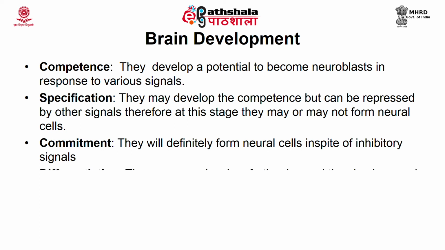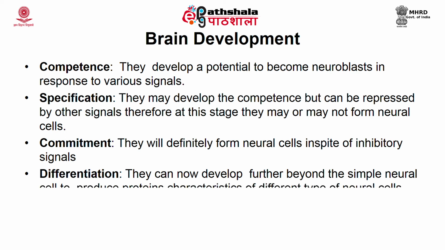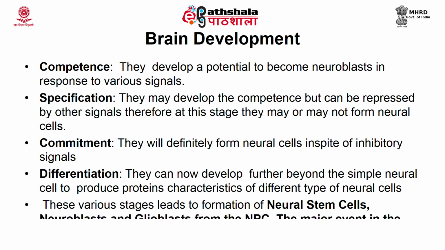And when they are differentiated, they produce all types of proteins which are required for their maturity. Now, all these changes help to form the various types of neural stem cells, the neuroblasts, the glioblasts, etc.